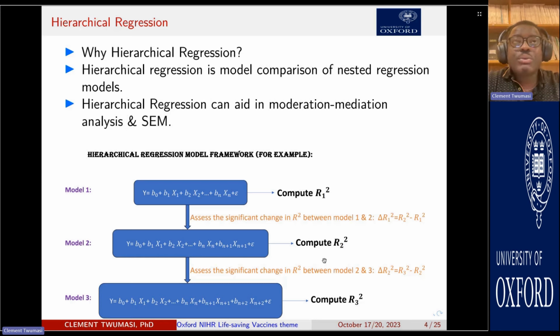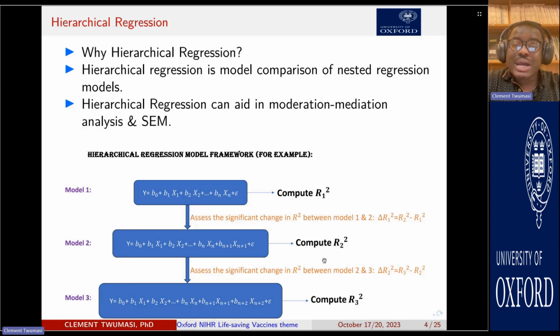But there are instances where we are interested in knowing the individual contribution of each of your predictors, or some specific predictors, in terms of explaining the amount of variability in your outcome variable. So hierarchical regression is a way of modeling that. It's more of a model comparison rather than a typical statistical method per se. Meaning that this concept can be applied to fixed effect models, can be applied to mixed effect models, and so on.